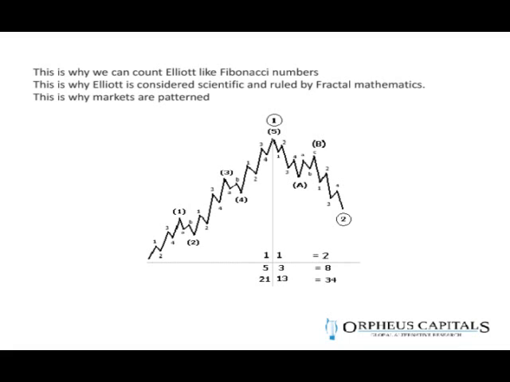If you only count the waves in brackets, then you will see 5 waves going up and 3 bracket waves coming down, which again is 5 is Fibonacci, 3 is Fibonacci, 8 is Fibonacci. If you join them and so on, you can continuously see Fibonacci numbers in the mathematical counting of Elliott.